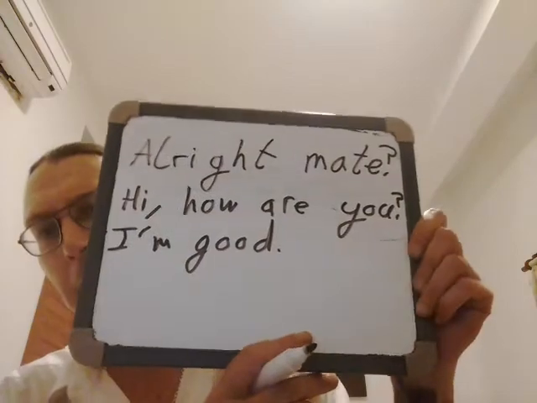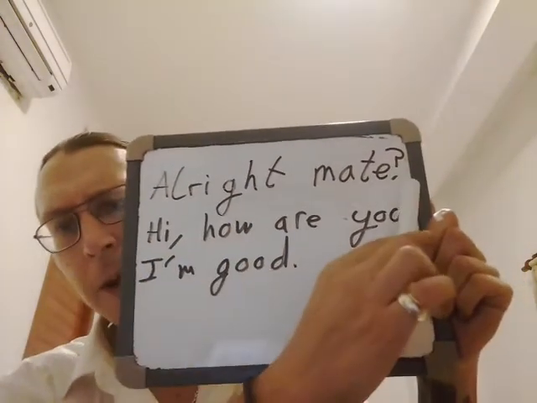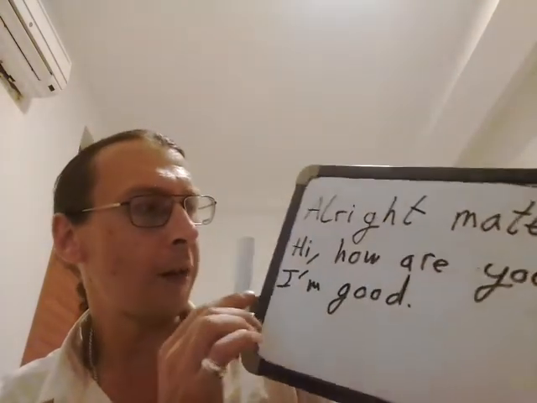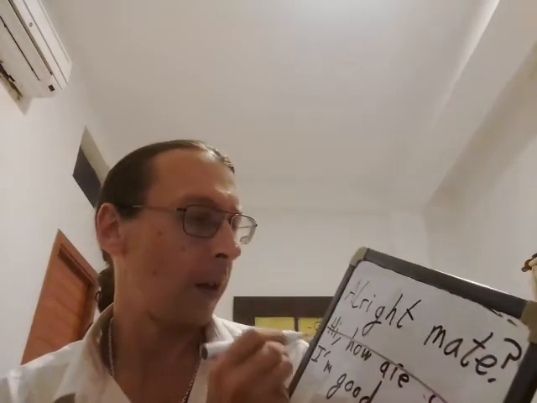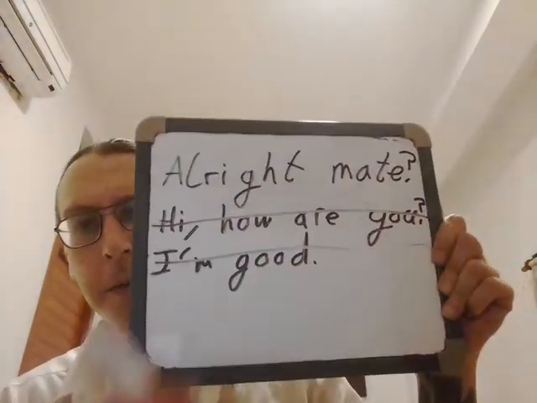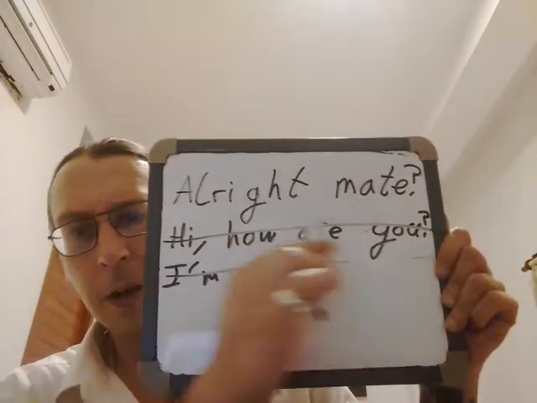I'm good. So this is a lot in like one word. You say, all right, mate. What it really means is, hi, how are you? I'm good. But you don't need to say that. You only need to say, all right, mate. That's all you say.